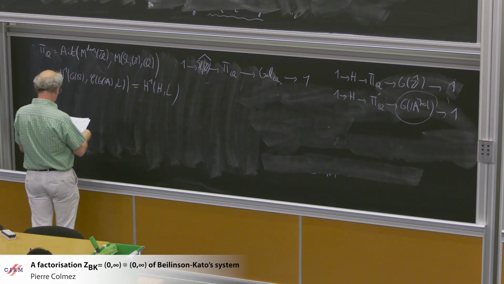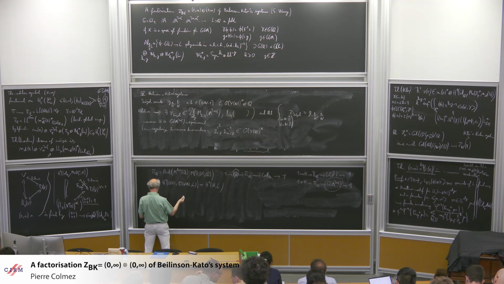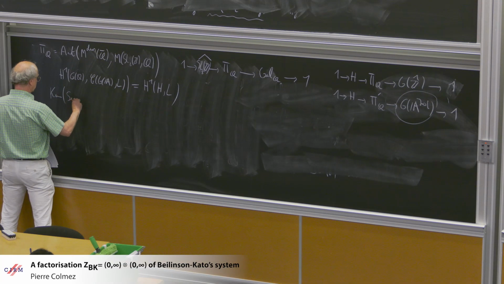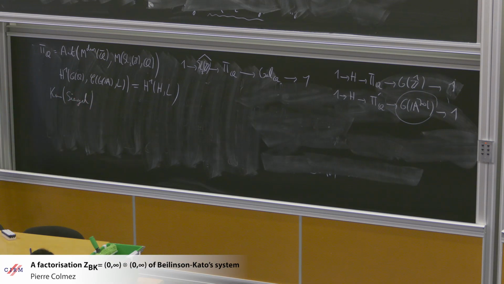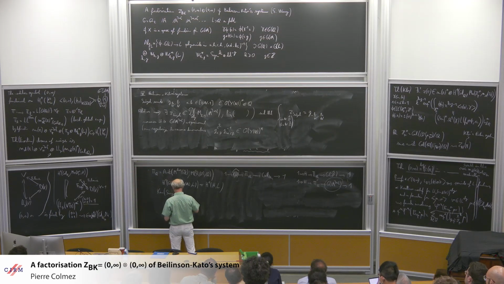Okay, so now what you do is that you use the Kummer theory to associate to your modular units some classes in étale cohomology.